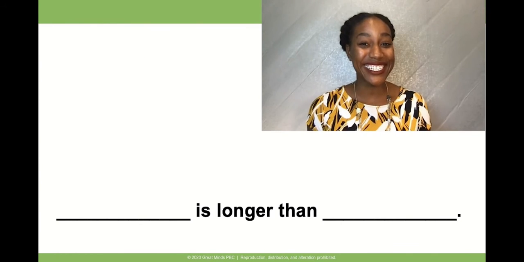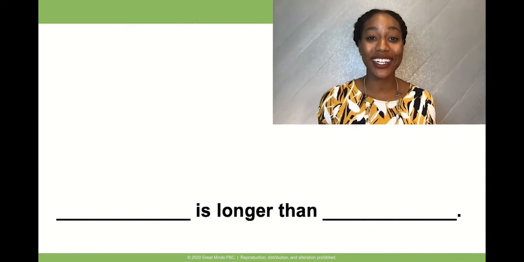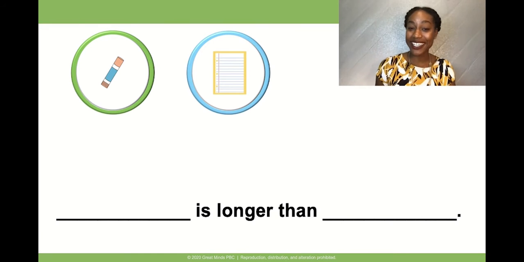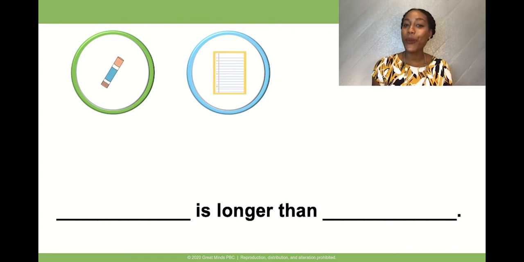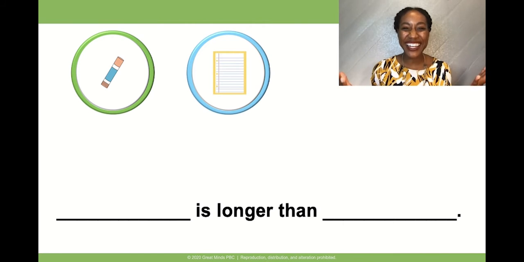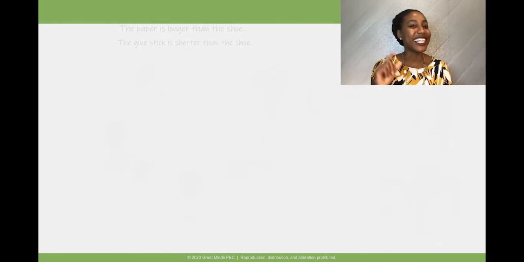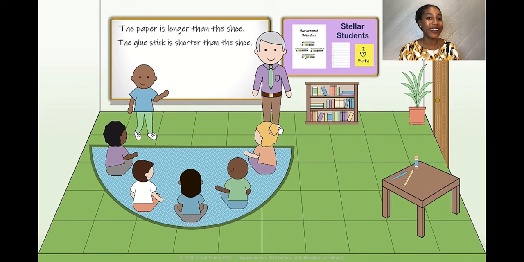Can you finish that sentence? Which is longer, the paper or the glue stick? Point to which button you think is correct now. You're totally right. The paper is longer than the glue stick. Let's write that last statement on the board of our virtual classroom.